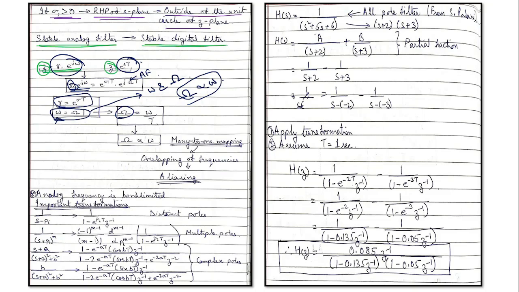Now what is the problem? The problem is that the analog frequency varies from minus infinity to infinity, and our digital frequency varies from 0 to 2 pi.